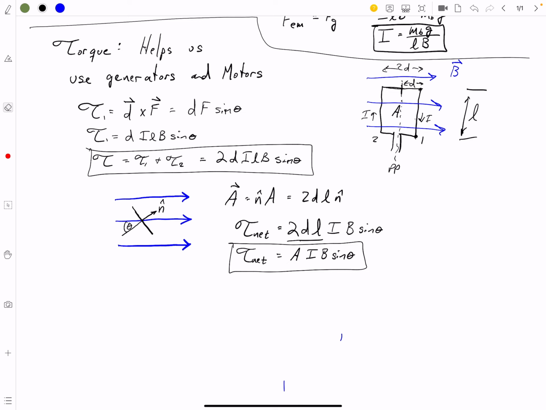Okay, so we call this closed loop a magnetic dipole. And it has a magnetic dipole moment. And our magnetic dipole moment is called mu, unfortunately.